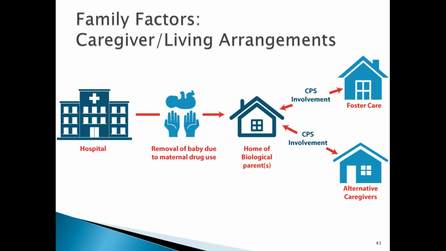There also could be cases where the child's not removed by CPS, but perhaps the mother or father can't care for the child, and so they're placed with an alternative caregiver, such as a grandparent or other relative or friend. So it's important when you look at things related to family or caregivers that you know who is actually taking care of the child.